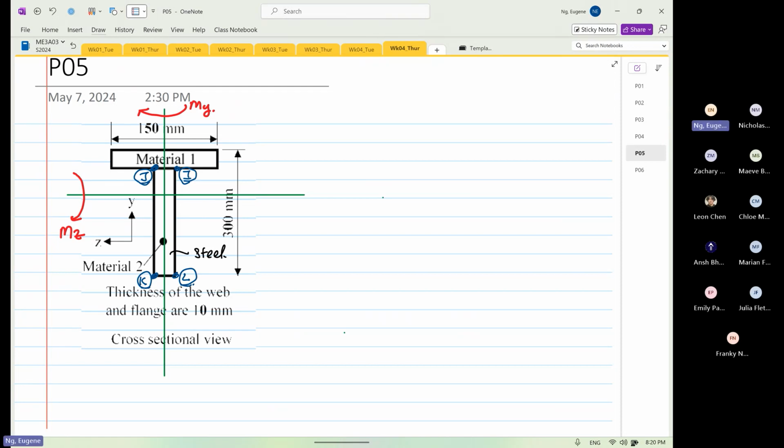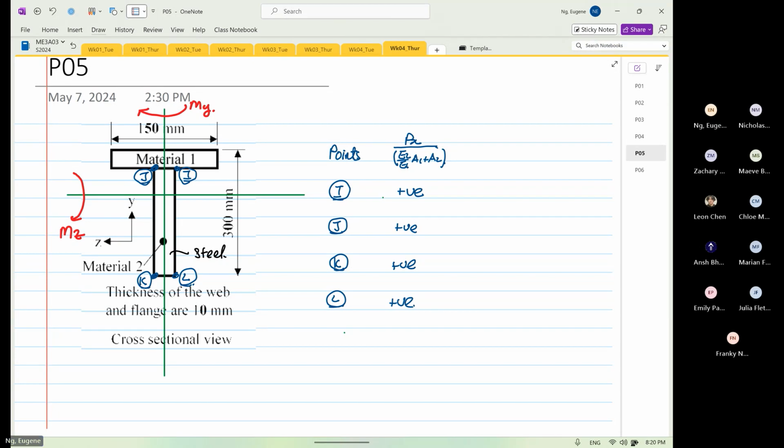Okay. So the points are I, J, K, and L. If we look at the axial load, which is Px over E2 over E1 A1 plus A2, all of them have the same value and all of them are in tensile, positive. The values are all the same.